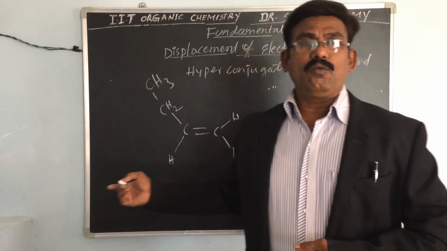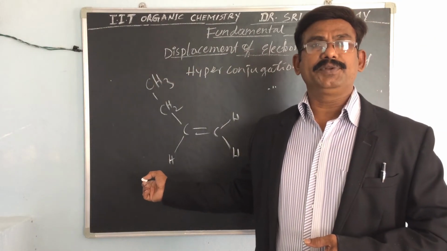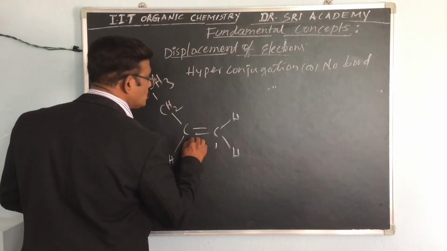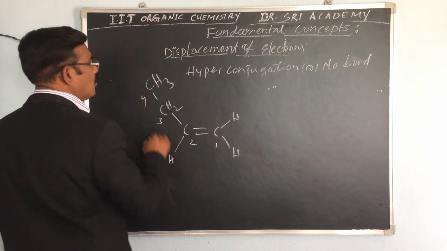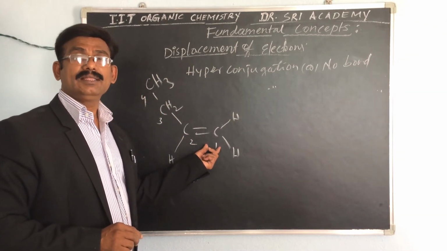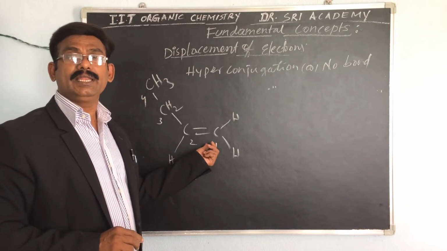So this is 1-butene, because here, 1, 2, 3, 4, one carbon containing the double bond, that is 1-butene.